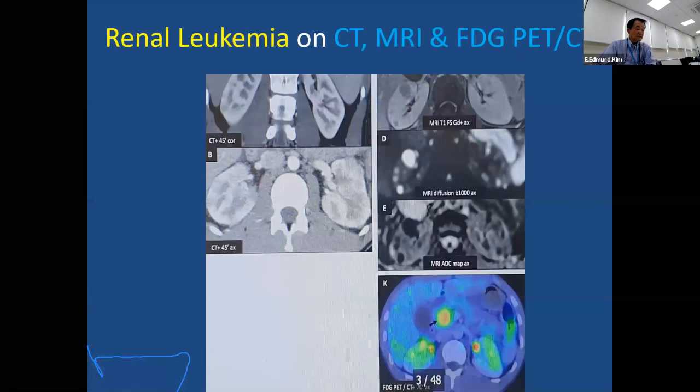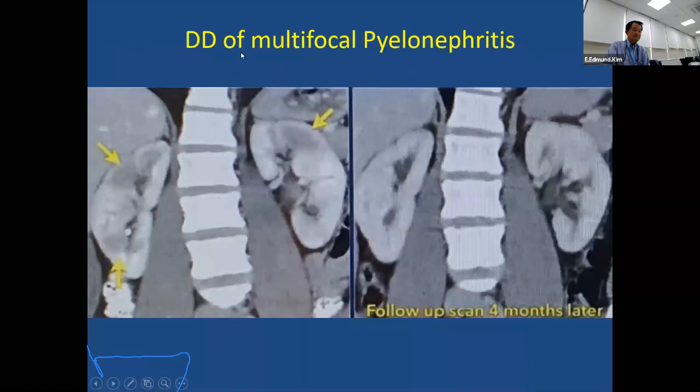And renal leukemia also sometimes makes a mass, like these nodular things. The PET CT shows some retroperitoneal lymph nodes, but this is a leukemic mass. Certain pyelonephritis forms a mass, ill-defined, infiltrated, and enhanced.